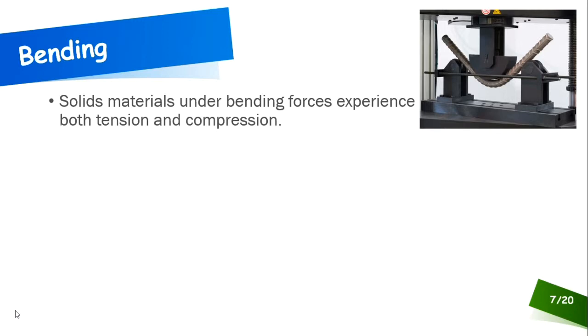Let's consider bending forces for a moment. Solid materials under bending forces are experiencing both tension and compression. This happens in different parts of the material. So look at the bending test being performed on the reinforcement rod in the photo. You've got two supports on the bottom that are stationary, and then there's a third one in the middle, attached to a moving piston, so it goes up and down.